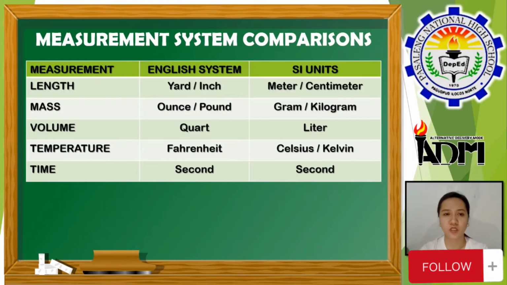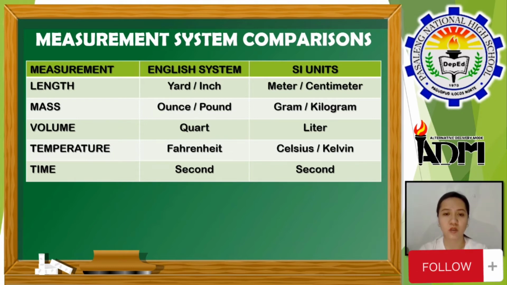So we have here a table in which it compares the English system and the SI units. So for the length, for the English system we have yard or inch, and then for the SI units we have meter or centimeter. Next is the mass.